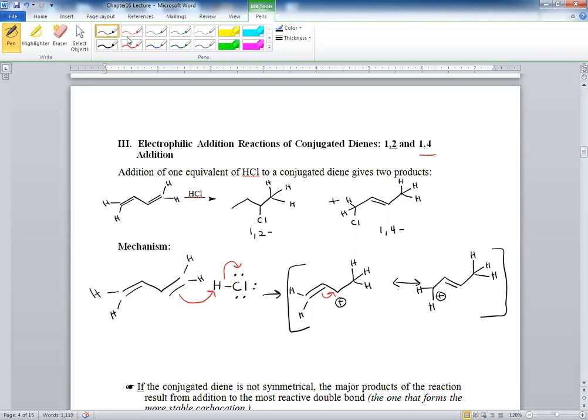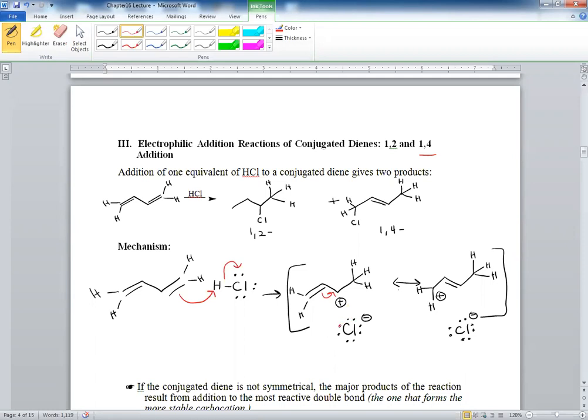Well, if you notice here, if we have the Cl minus, the chloride ion, the chloride ion has two ways to attack the intermediate, the carbocation.